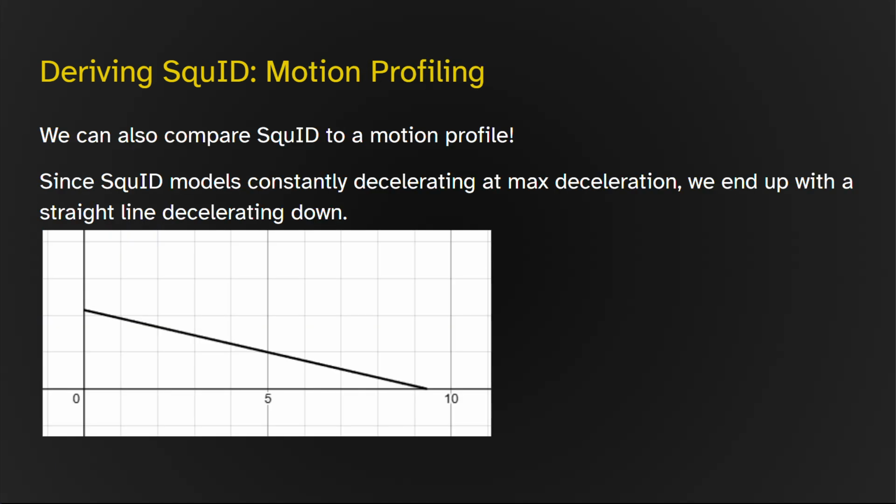Another way we can find SquID is through a motion profile. So trapezoidal motion profiles, if you don't know, are a commonly used way to move around mechanisms in FTC, and they basically allow you to move your mechanisms around with this equation that tells you what the velocity of something should be at any given point.